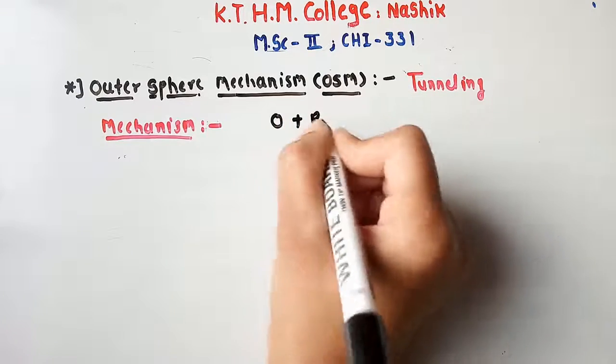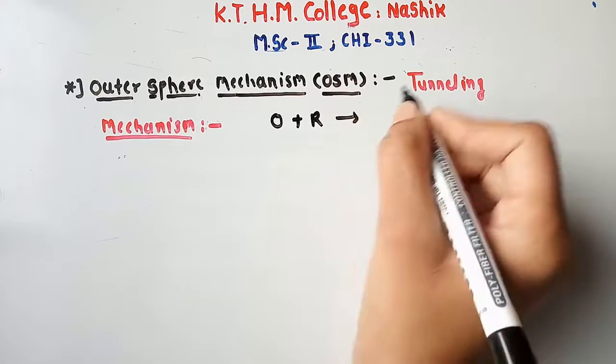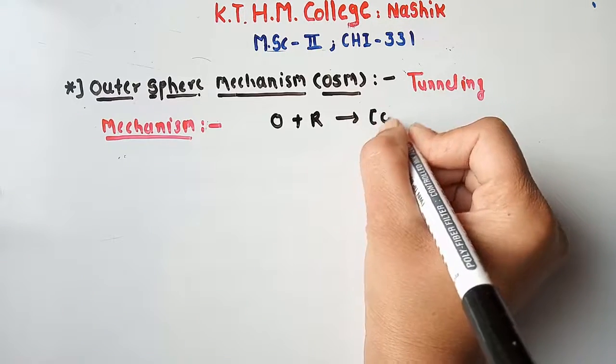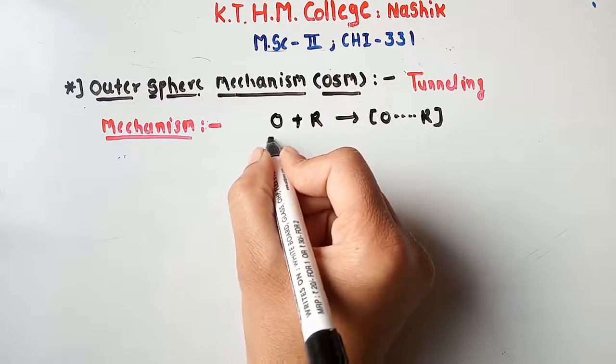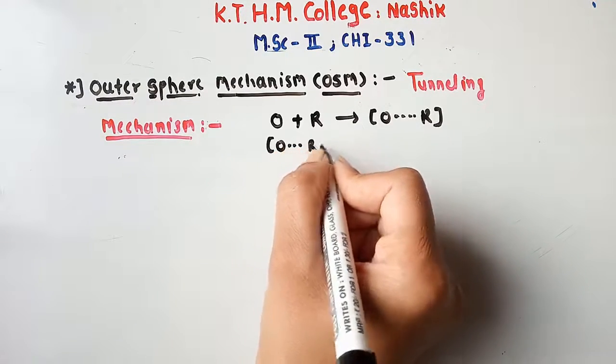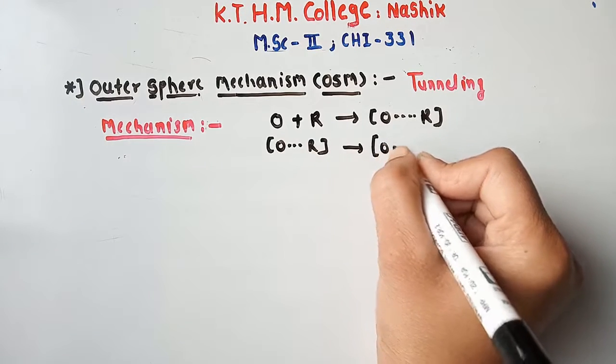O and R mean oxidant and reductant, which give the oxidant-reductant as a precursor complex. Then there is excitation.